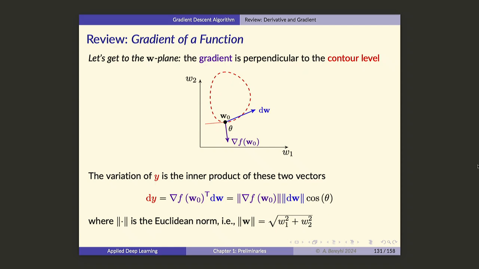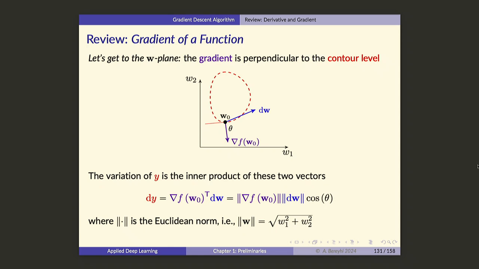So if you have 2 vectors, yeah, and you want to calculate the inner product in 2 dimensions, for example, you just look at the angle between them. So you're going to say the magnitude of the first guy multiplied with the magnitude of the second guy, and then times the cos of the angle between them, right? So everybody's clear?